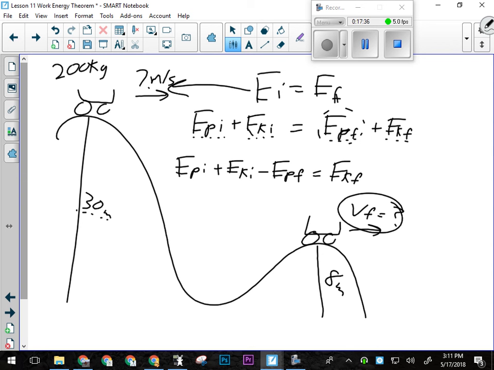Do I have formulas for all of those things? Yeah, so I'm just going to put those in. That's my next step: m times g times h initial plus 1/2 m v initial squared minus m g h final. That's going to equal 1/2 m v final squared. All right, so that's what I'm looking for there.